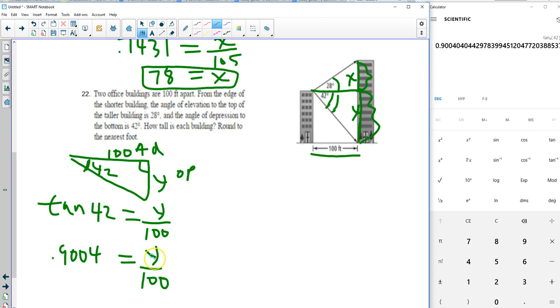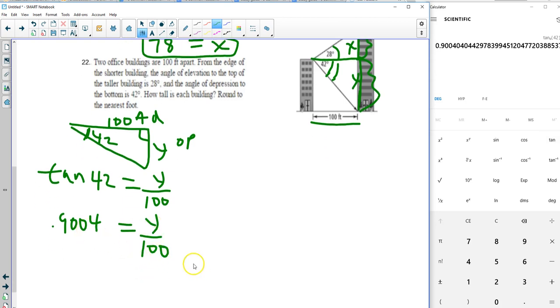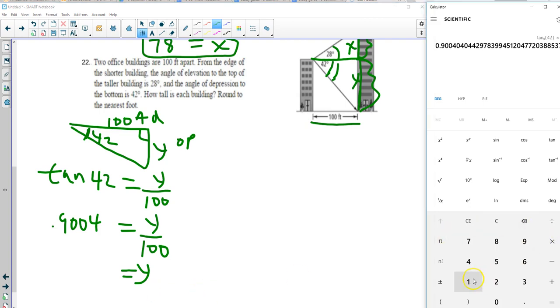Now, remember the variable is in the numerator, so all we do is multiply straight across. y is equal to 100 times 0.9004. Some of you sharp guys can just say 90.04. But we can multiply it out and show it. Times 100. See there? I was wrong there, wasn't I?